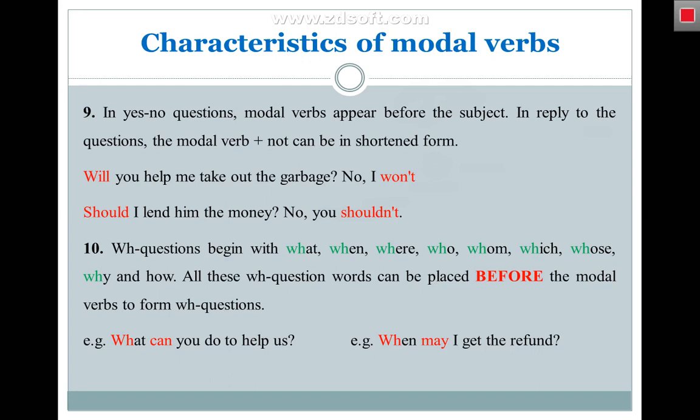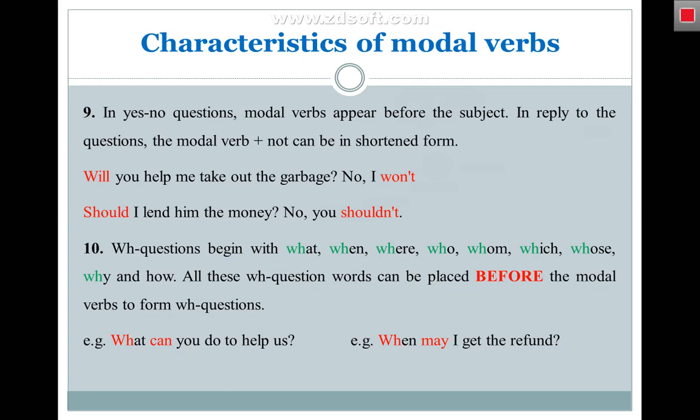Will you help me take out the garbage? No, I won't. Should I lend him the money? Originally it is "I should lend him the money", the declarative sentence. To turn it into a yes/no question, you just put the modal verb before the subject. Should I lend him the money? No, you shouldn't. The answer can be short. You can say, for example, yes I will, yes you should, not only negatives.